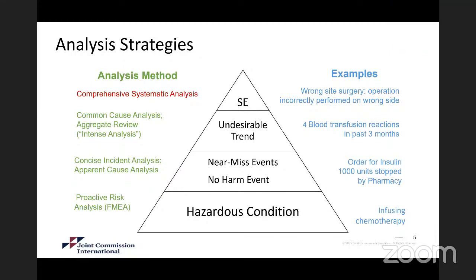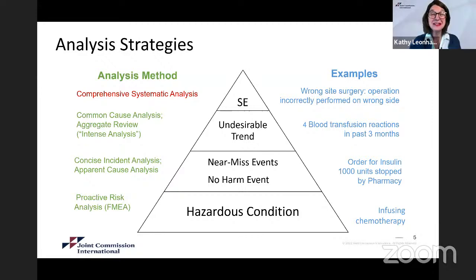And then at the bottom of our pyramid of events are hazardous conditions. Those are things where nothing bad has happened to a patient yet, but we know there's a high risk. And those are things where we often use proactive risk analysis, failure modes and effects analysis. What could happen?